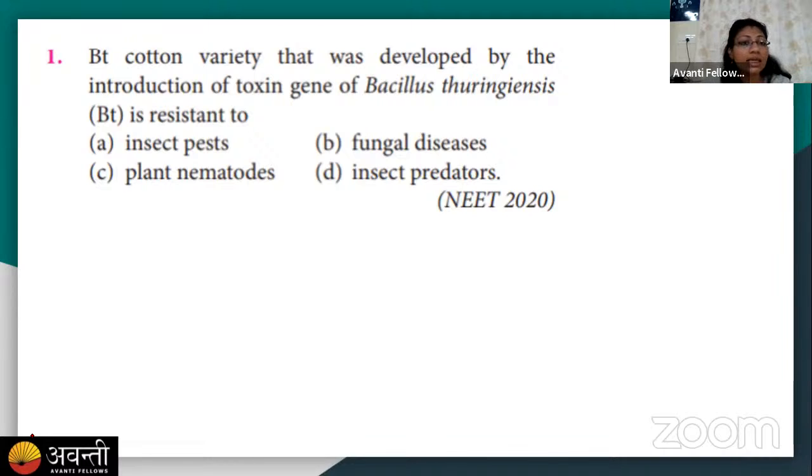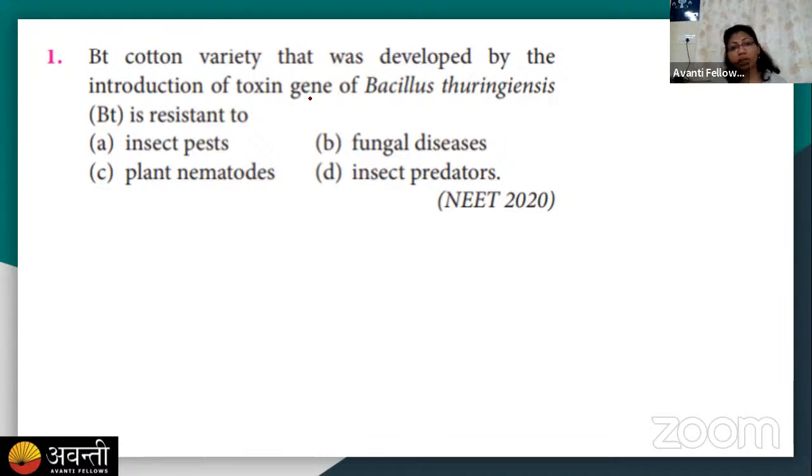Option A, insect pest; B, fungal diseases; C, plant nematode; and D, insect predators. Those who are not able to see the poll can give their answer in the chat box.